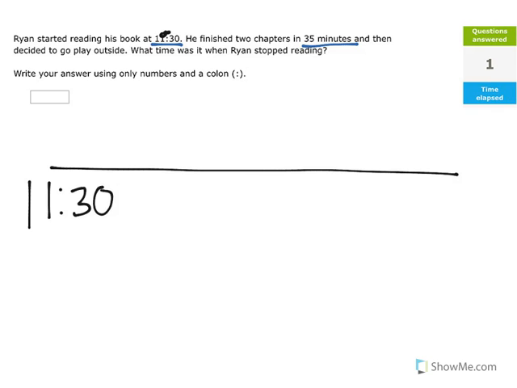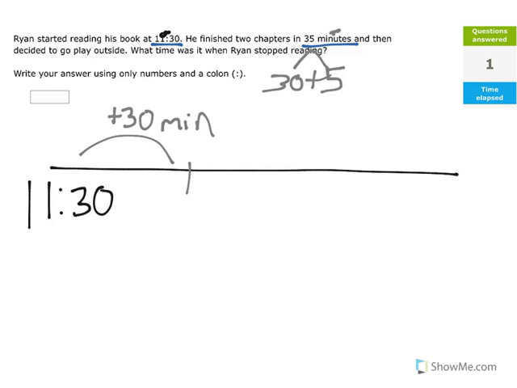I'm going to draw my line. And I'm going to need to add 35 minutes. But I don't want to add the whole 35 minutes. I'm going to split this up into 30 and 5. So I'm going to start by adding 30 minutes. 11:30 plus 30 minutes would put me at 12 o'clock.